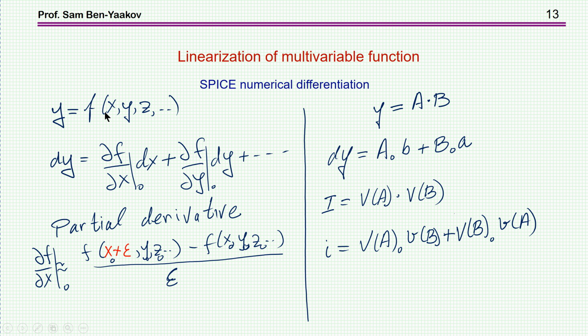In this case, the differential is defined as dy, the partial derivative of this function with respect to one of the independent variables times dx, plus the partial derivative with respect to the other independent variable, etc. Of course, SPICE, being a numerical calculator, will do it in a numerical way, which means that to get, say, the partial derivative with respect to x, it'll take the function, add some epsilon to x around the operating point, subtract the function without the epsilon, and divide by the epsilon.